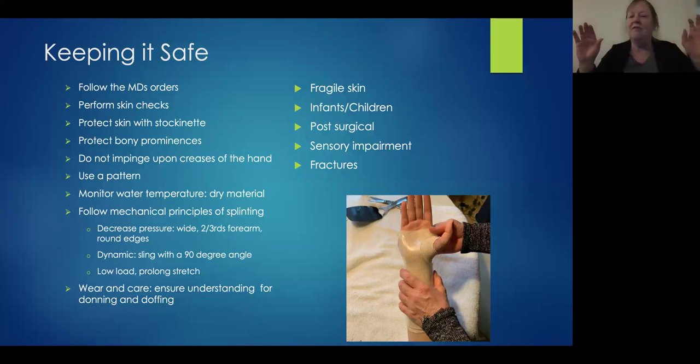When I think of a volar wrist orthosis, you want to make sure that your distal palmar crease, like I'm pointing to here, is clear, and your thenar crease is clear. That way, they'll get the support for their wrist, but they'll also be able to use their hand and fingers while they're wearing it. So knowing your creases is very, very important.